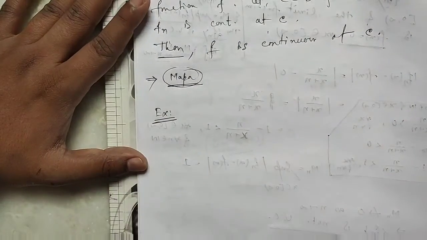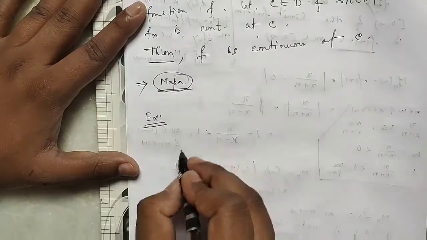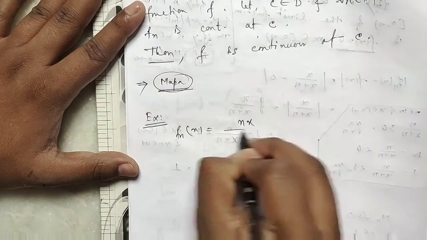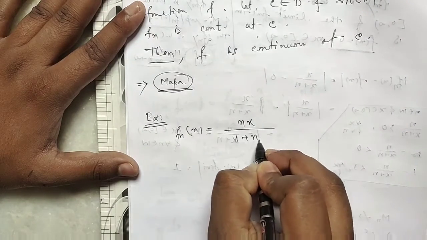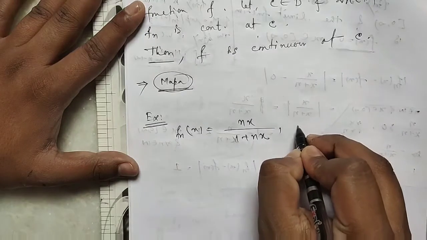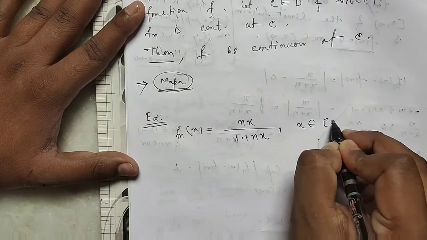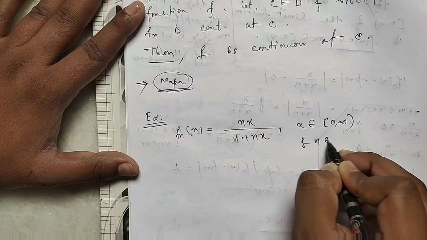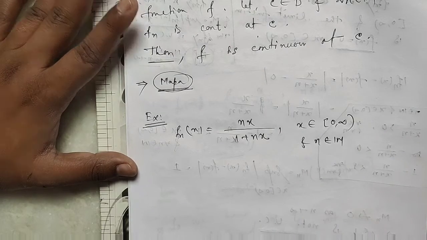Now I give an example. Let us consider the sequence of functions f_n(x) = nx/(1 + nx), where x belongs to [0, infinity) and n belongs to the natural numbers.